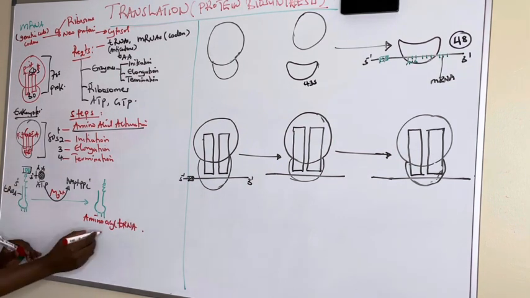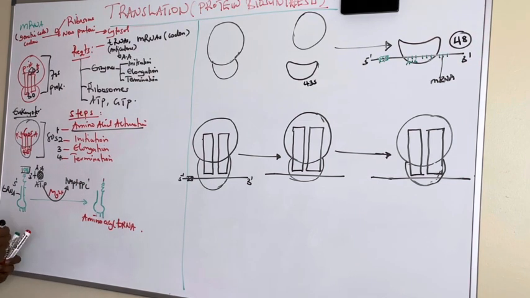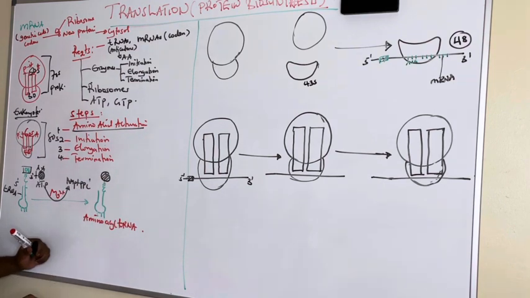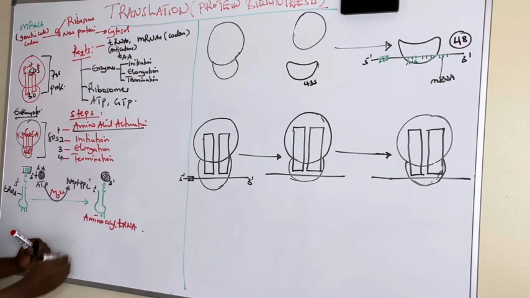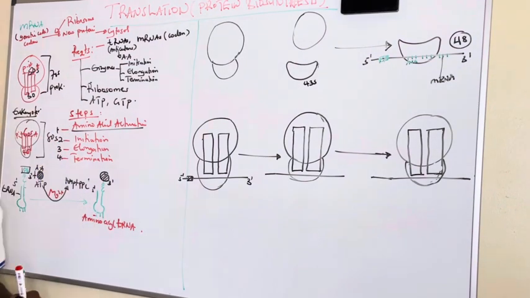To form this, we see the addition of this amino acid at the 3' end of the transfer RNA by removing the hydroxyl group, forming the amino acyl transfer RNA complex. This is the 5' end, then it is added at the 3' end, ending with cytosine adenine.